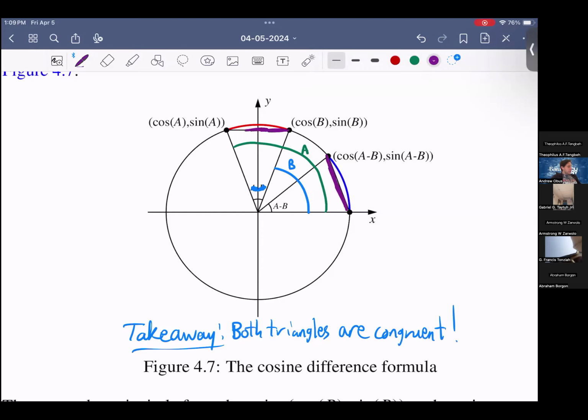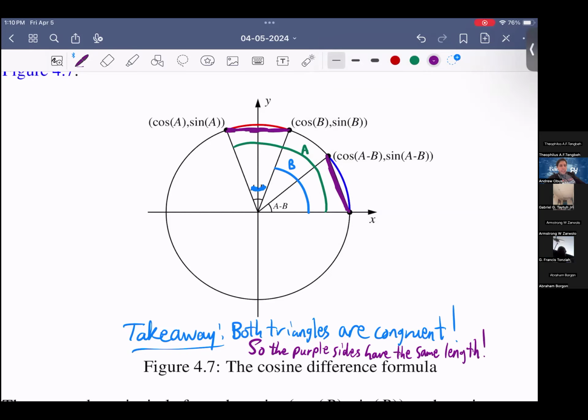So this purple line here has the same length as this purple line here. So the purple sides have the same length as each other.